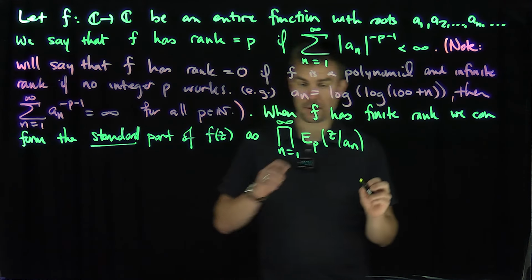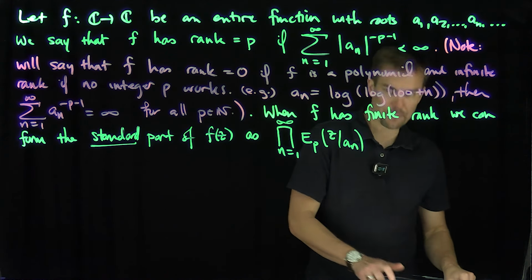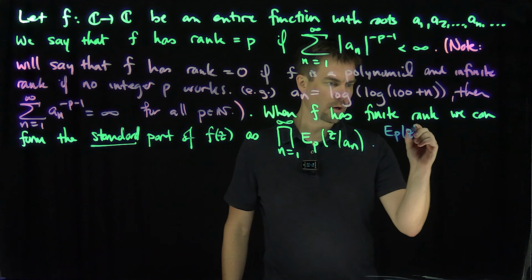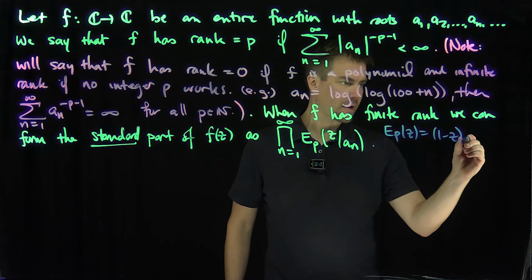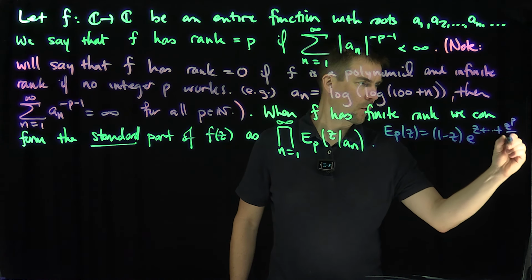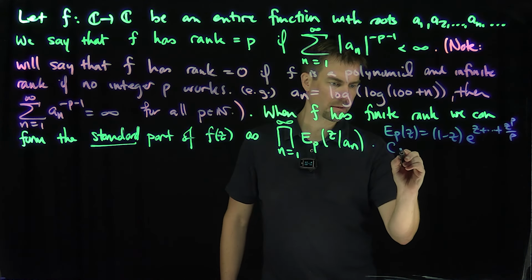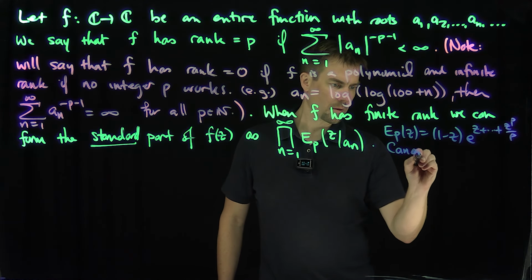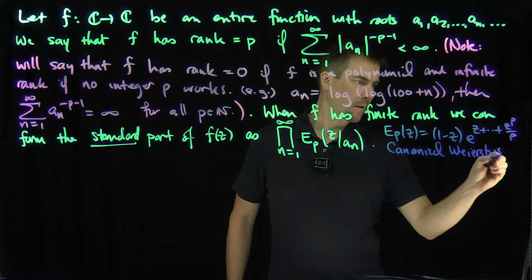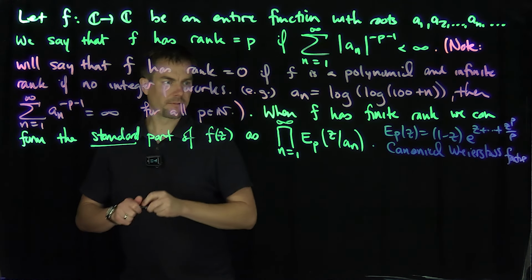The p here is fixed, it's whatever the rank is, and we know this will converge by exactly this condition over here. The E_p are, of course, the canonical factors. E_p of z, we recall, is just 1 minus z, times e to the z plus all the way down to z to the p over p. These are the canonical factors, or Weierstrass factors. That's what it means to be finite rank.